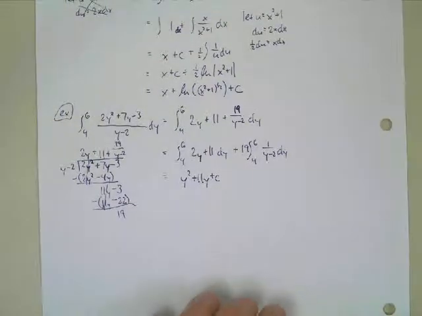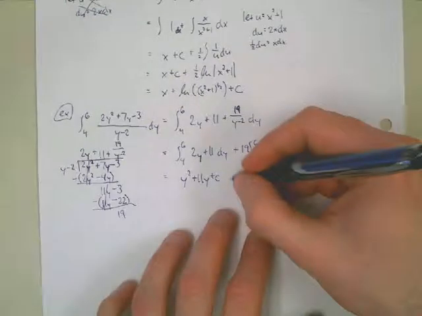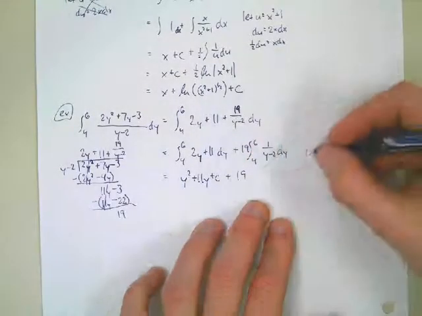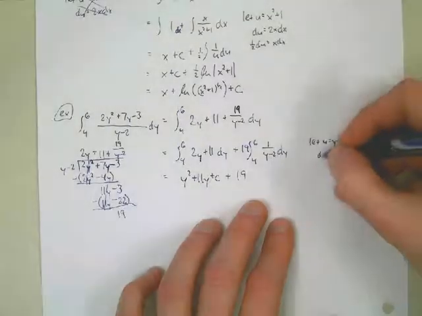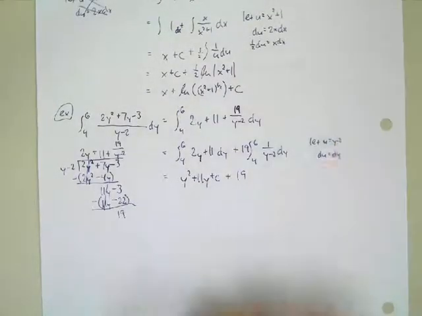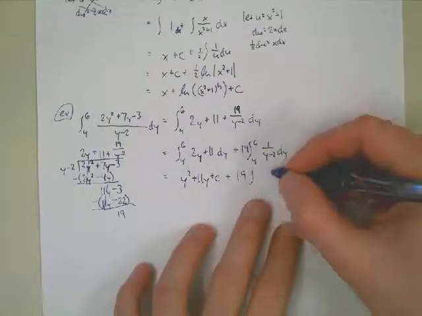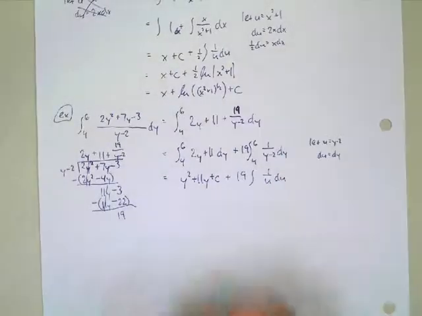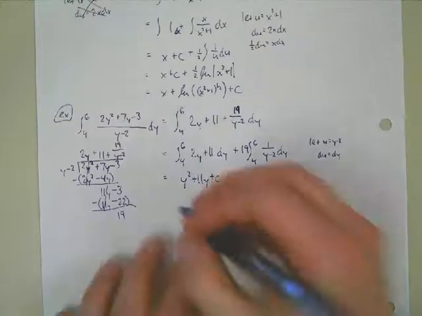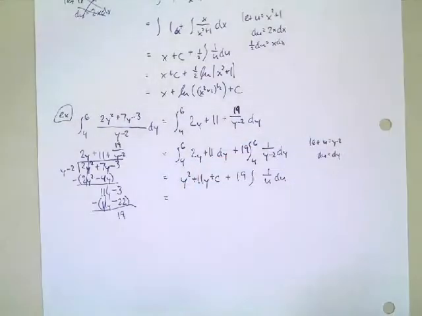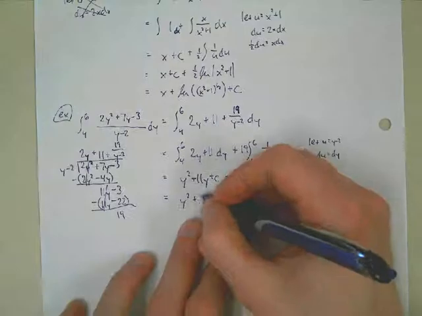Okay. And then plus 19, and we're going to let u equal y minus 2. So du equals dy. And so then this is the integral of 1 over u du, or du over u. Okay, and we know the integral of 1 over u is natural log of the absolute value of u.